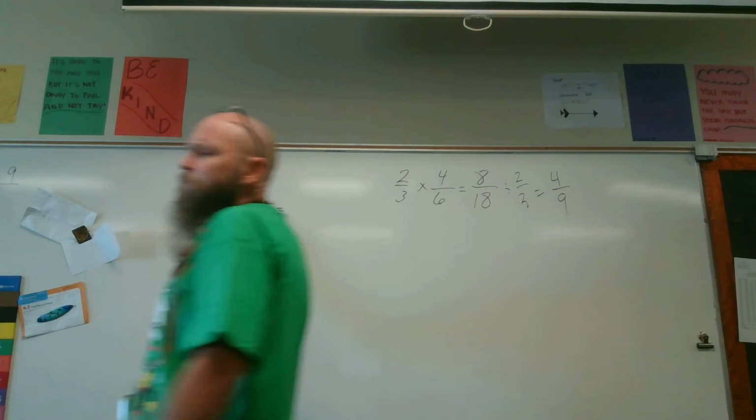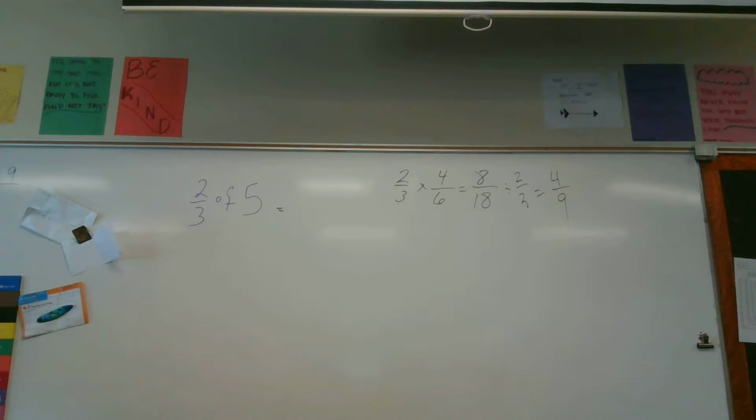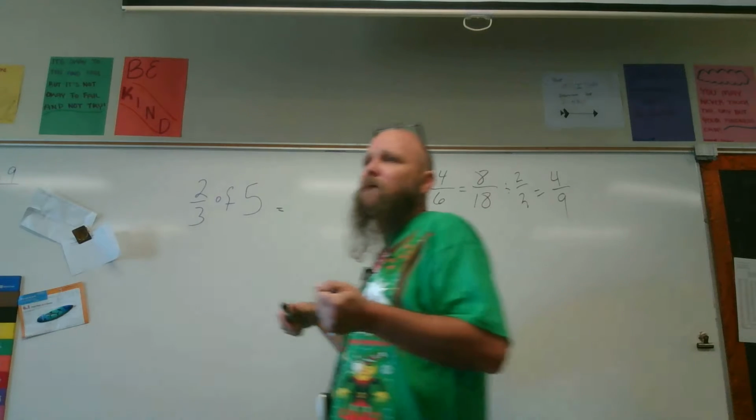Now in this case, the number 5 does not appear to have a numerator and denominator. It appears to be a whole number. Therefore, I can't multiply my numerator times my numerator, my denominator times my denominator.